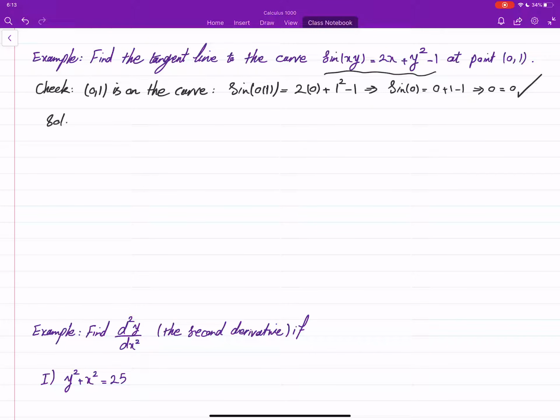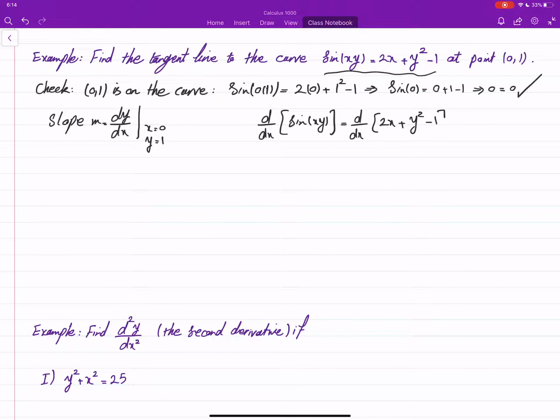Now we need to find the slope of the tangent line, which is dy/dx, or y prime, when x is equal to 0 and y is equal to 1. That means we have to find the derivative of y, and since this is just an equation in x and y, we need to do implicit differentiation, which starts by differentiating both sides with respect to x.